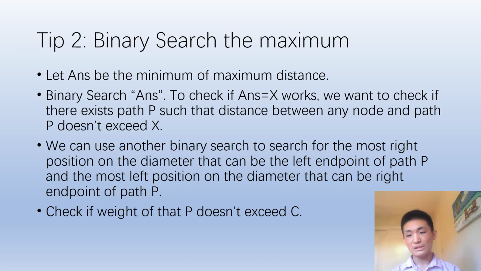So we can use binary search to find the rightmost position that the left endpoint can be moved to, and the leftmost position that the right endpoint can be moved to. In this way, after we move the left endpoint to the rightmost position and the right endpoint to the leftmost position, we can make the weight of the path P minimized.